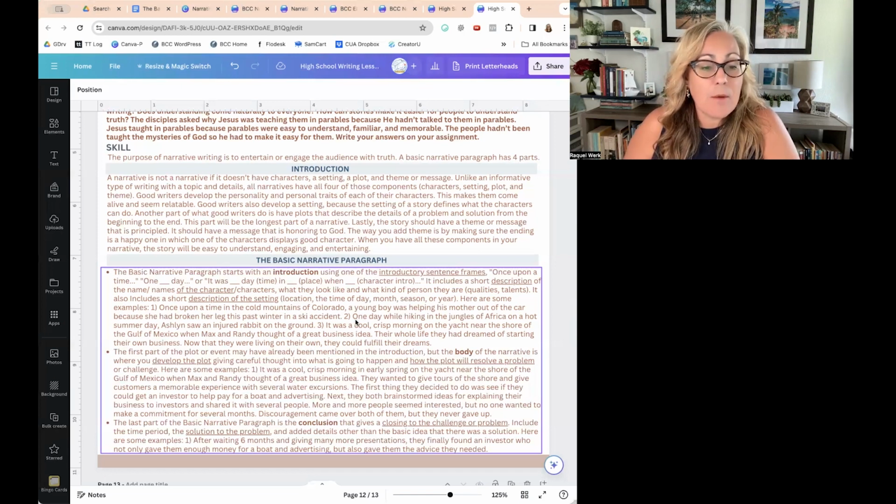The second example says, "One day while hiking in the jungles of Africa on a hot summer day, Ashlyn saw an injured rabbit on the ground." So in this case, we start the sentence with one day, and then we start it with while hiking, which is what the characters are doing. And then we put jungles of Africa.